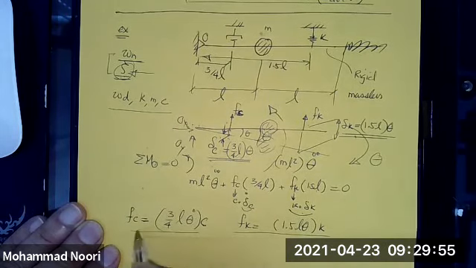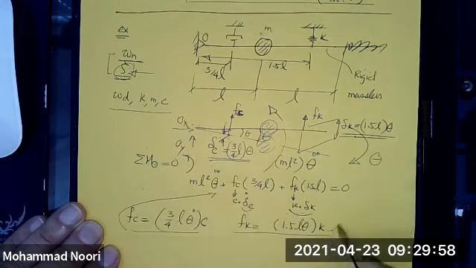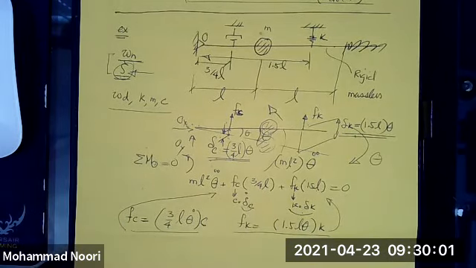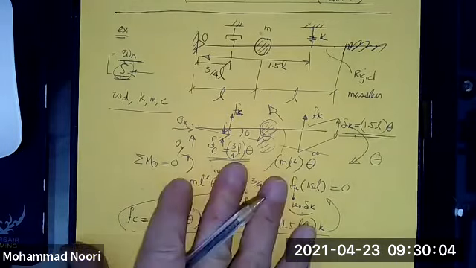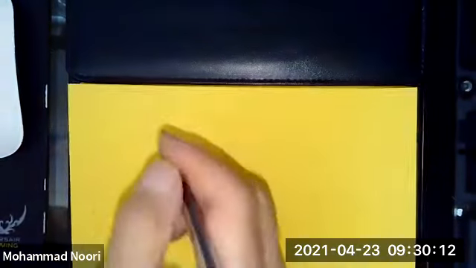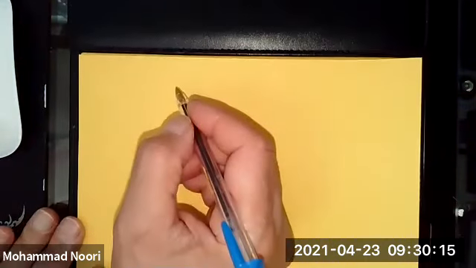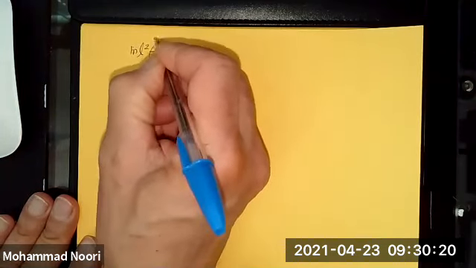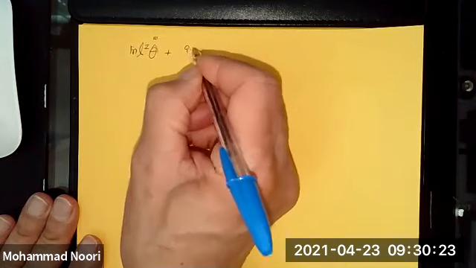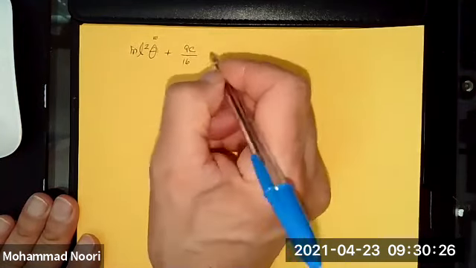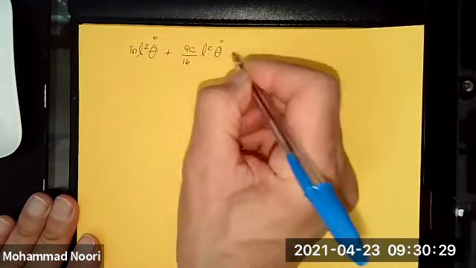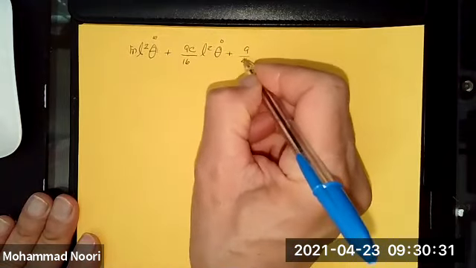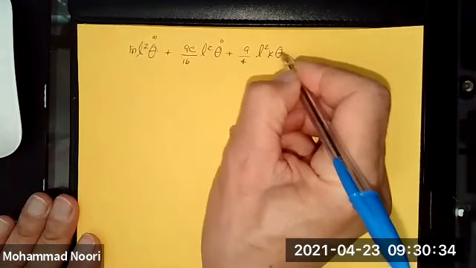So I'm going to substitute these into that equation. And if I do that, this is what I will get. I will end up with m L squared theta double dot plus 9c over 16 L squared theta dot plus 9/4 L squared k theta is equal to 0.